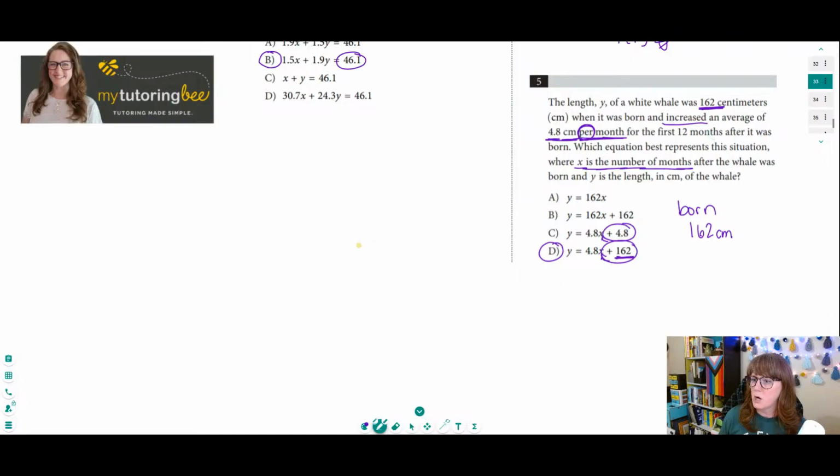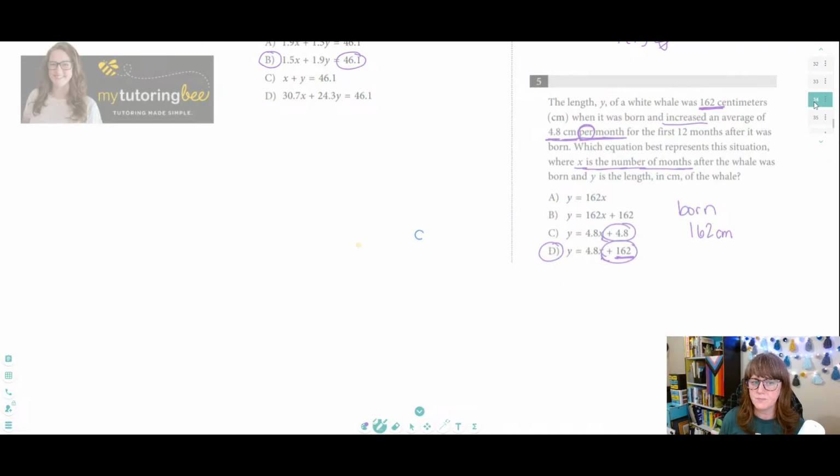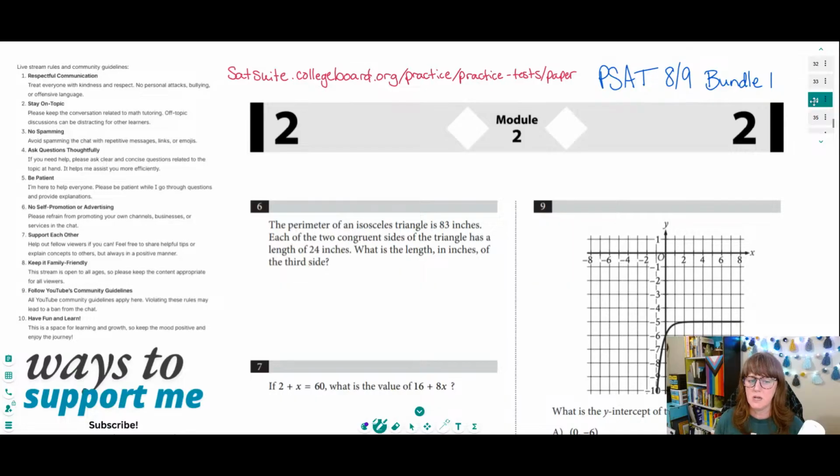Okay, we're going to go on. I do have one more page. I wasn't sure how long these were going to take me to get through. We're already at 20 minutes. I do kind of want to get through these just to make sure that we get through all of module 2 by the end.